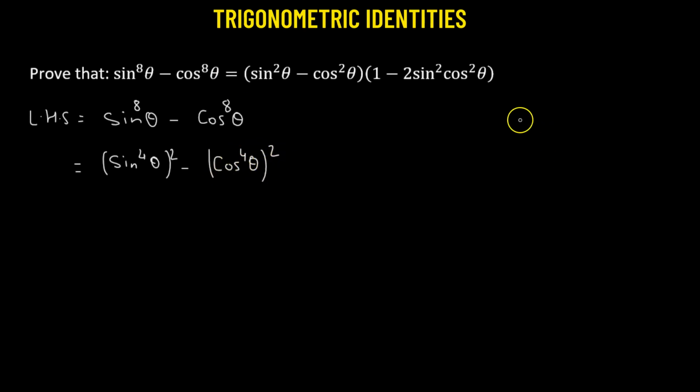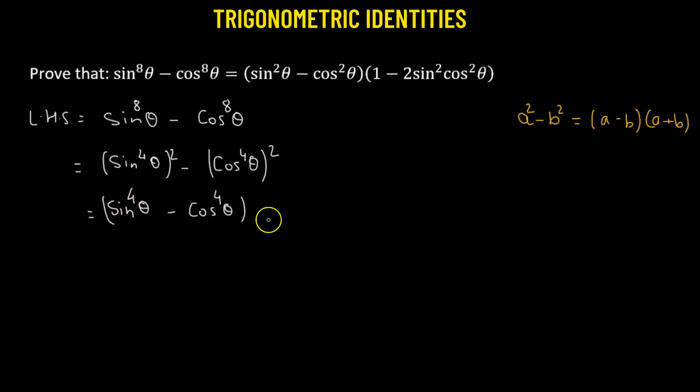Here we will be using the property a squared minus b squared. This can be also expressed as the product of a minus b and a plus b. So in this case, a is represented by sine theta raised to the power of 4 and b will be cosine theta raised to the power of 4. So this is going to give us sine theta raised to the power of 4 minus cosine theta raised to the power of 4, which will get multiplied to sine theta raised to the power of 4 plus cosine theta raised to the power of 4.